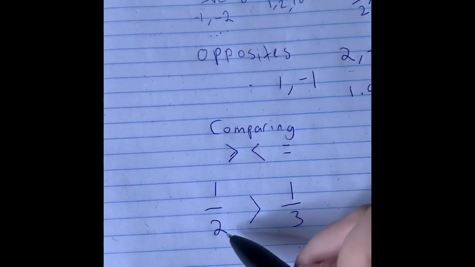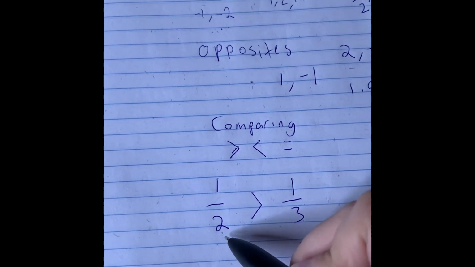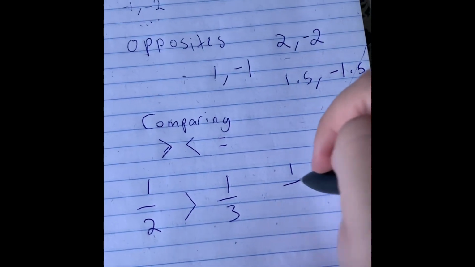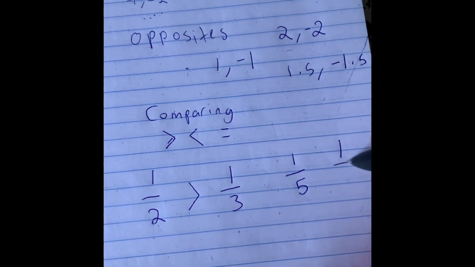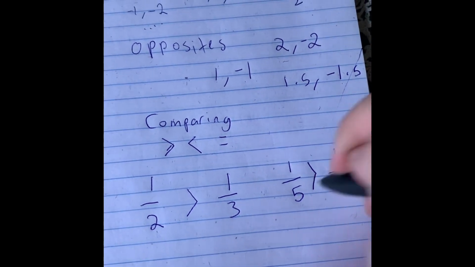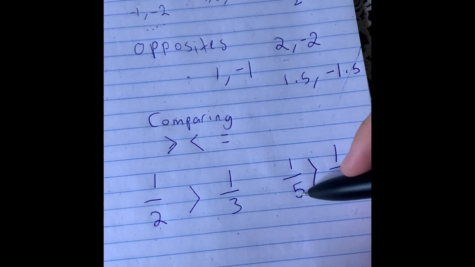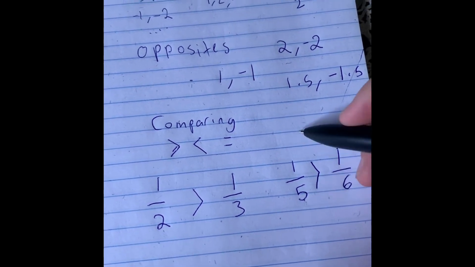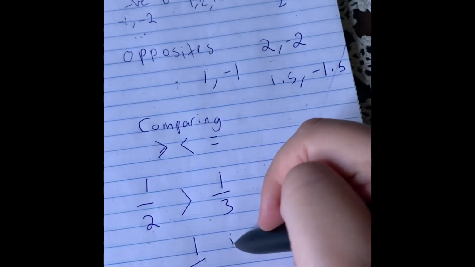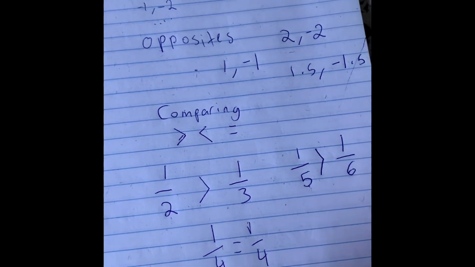Because in the denominator, the bigger the denominator, the smaller the number. Again, 1/5 and 1/6. Which is bigger? 1/5. Why? Because the smaller the number in the denominator, the bigger the number. And obviously 1/4 and 1/4 is equal, because they're the same number.